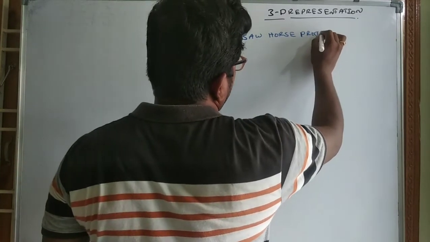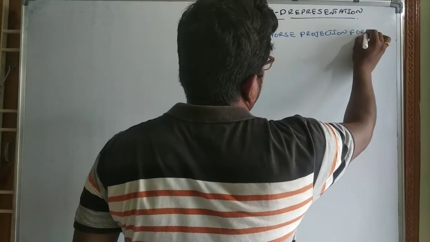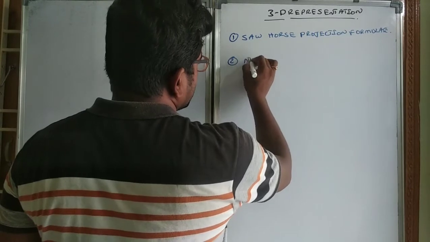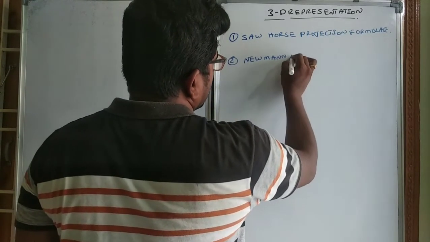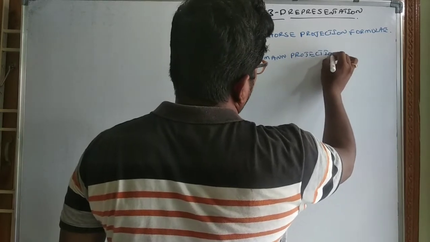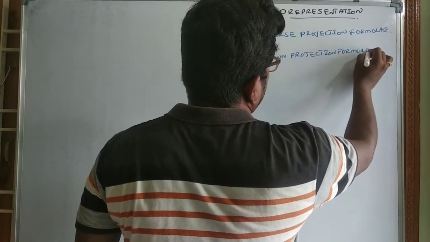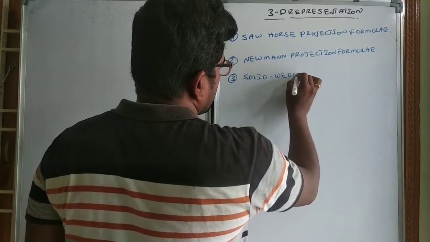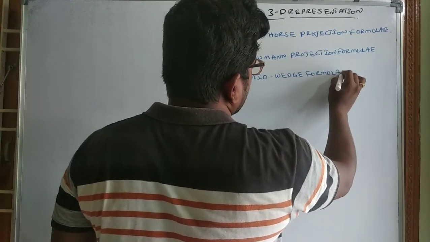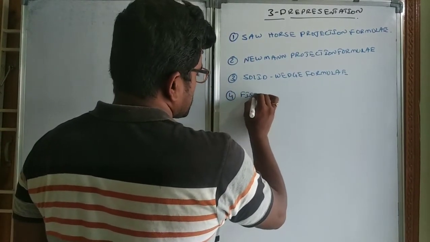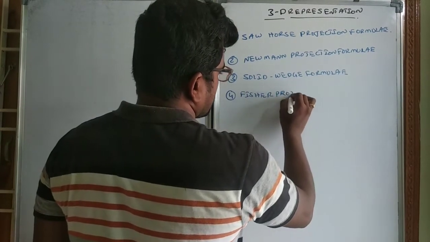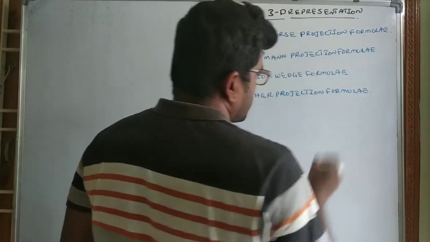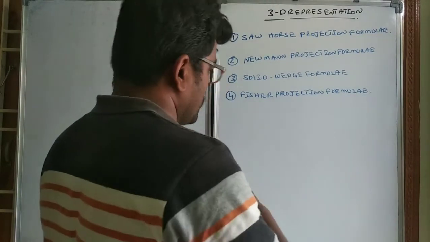Sawhorse projection formula, and the second one is Newman projection formula, solid wedge formula, and Fischer projection formula.